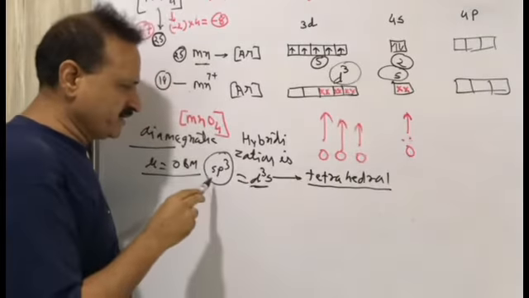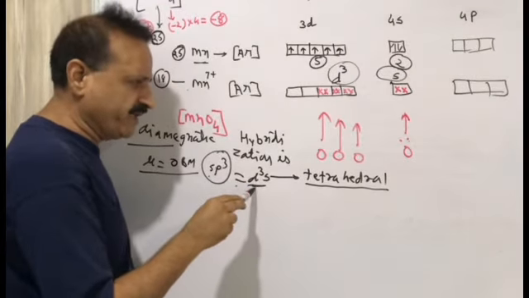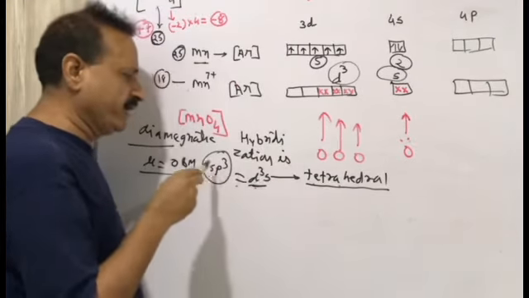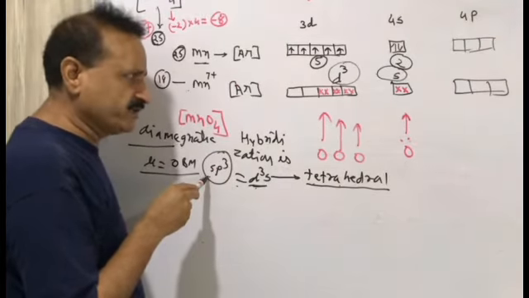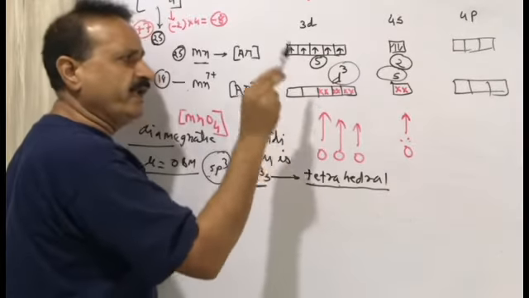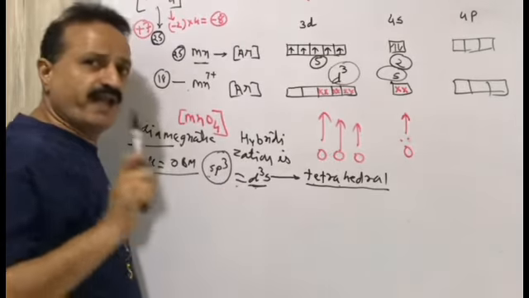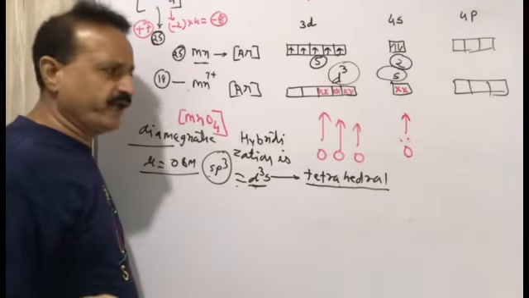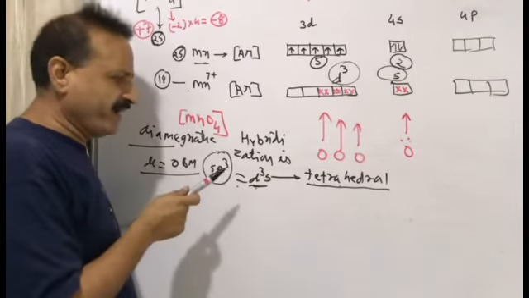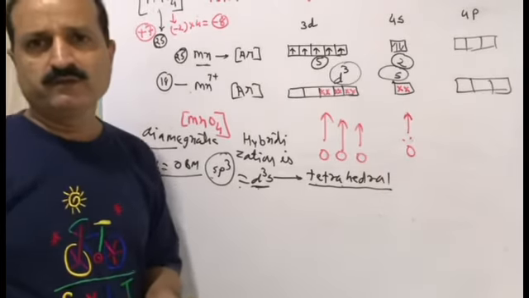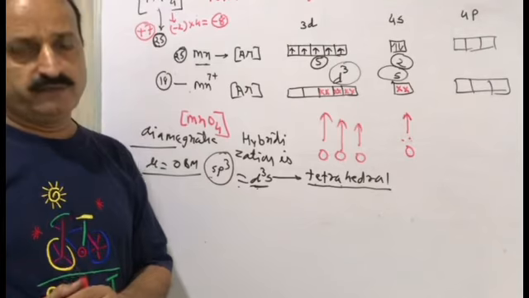If hybridization is sp3 or d3s, then the shape will be tetrahedral. Is there any unpaired electron? No, so the magnetic property will be diamagnetic and the mu value will be 0 BM. So it is now clear.